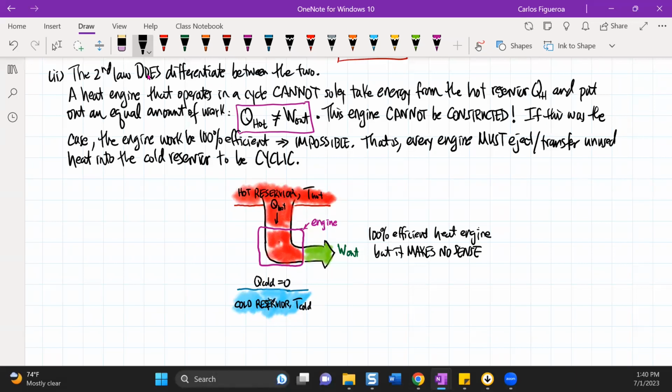It's not possible. So this cycle here is not a possibility.